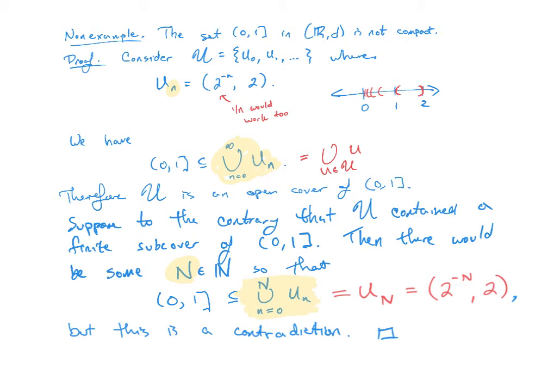If it's the closed interval from 0 to 1, then what I've given you, that's a great question, this open cover I've given you is not a cover. Why isn't it a cover? It doesn't include 0. Yeah. Now what if I throw in an open set that includes 0? Then what happens?